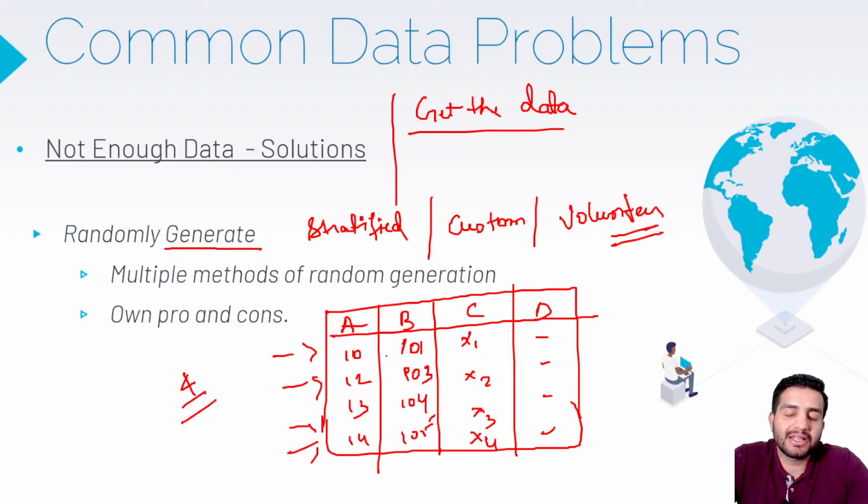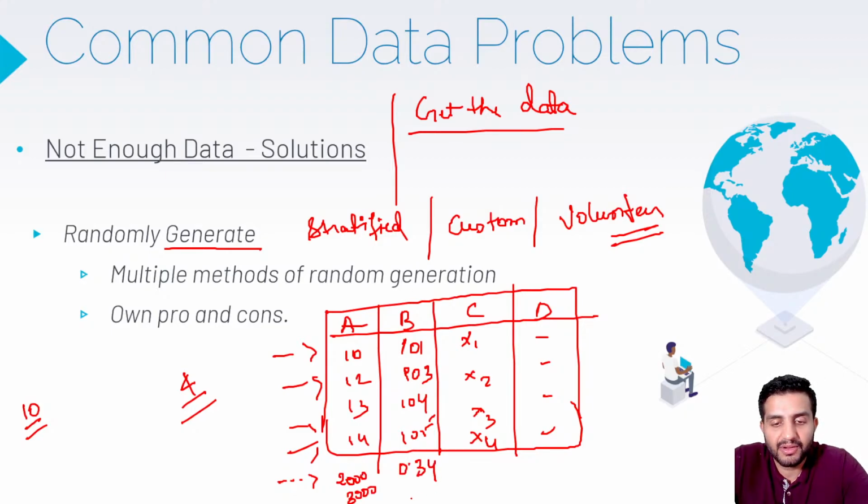Now, suppose I'm going to artificially generate the data points with random generation, maybe add 10 more data points. So this newly generated data here could have any value in A. Suppose the newly generated data will have values like 2000, 3000, something like this, and B got changed to 0.34, 0.78, something like this.